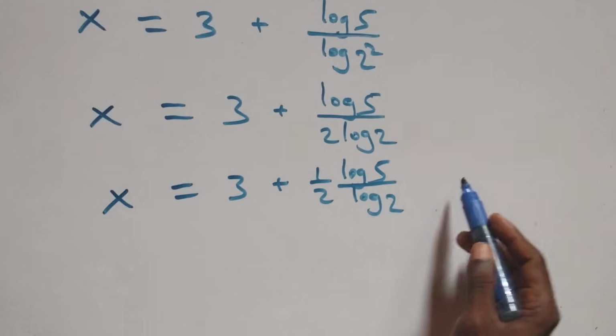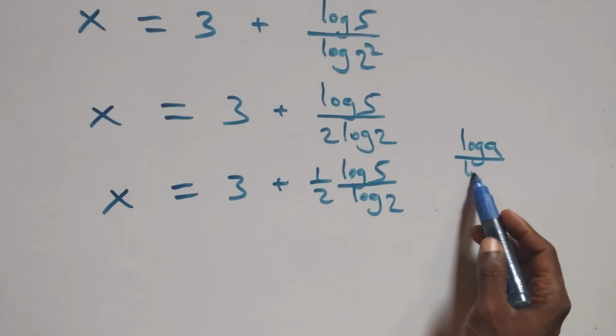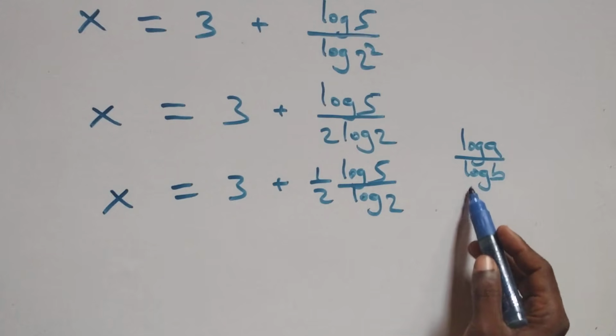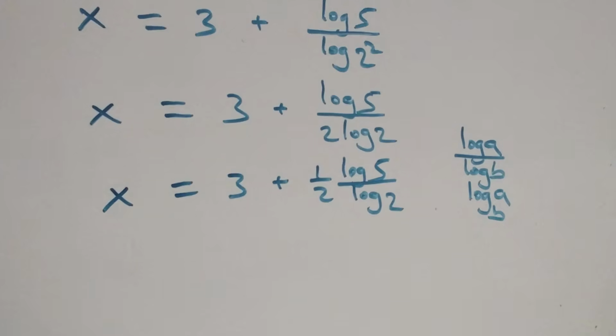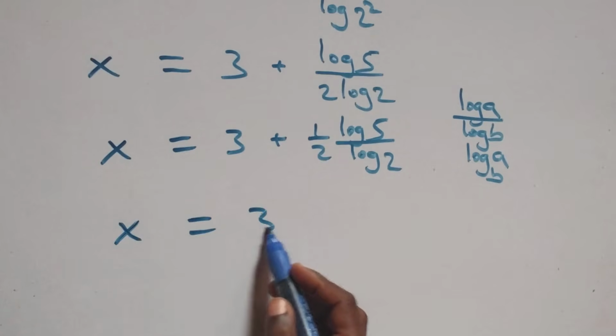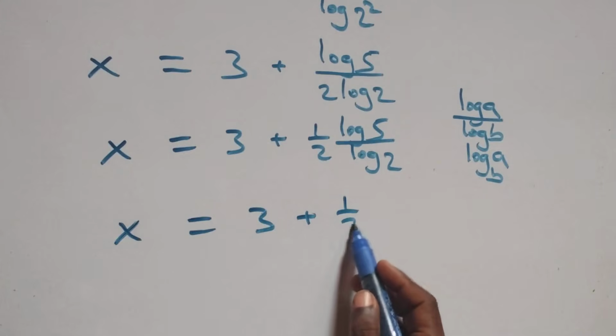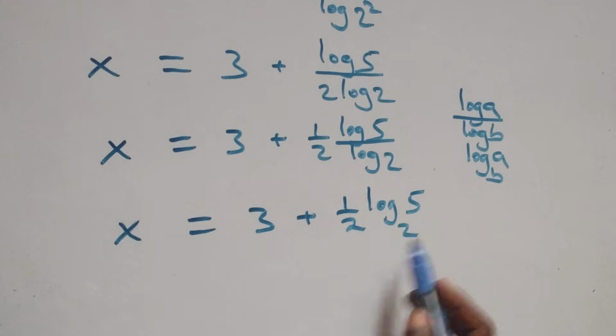Then here we apply change of base. When we have log a over log b, this is the same thing as log a to base b. Here we have x equals 3 plus 1 over 2 log 5 base 2.